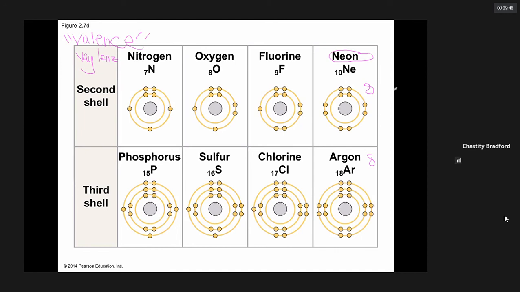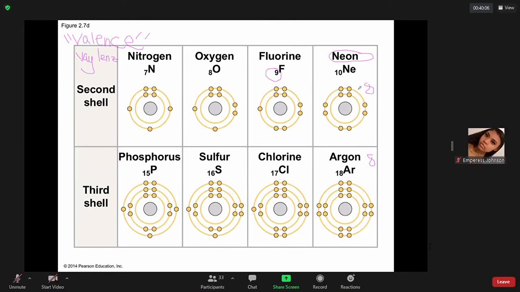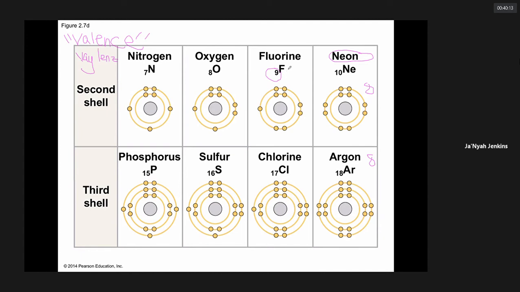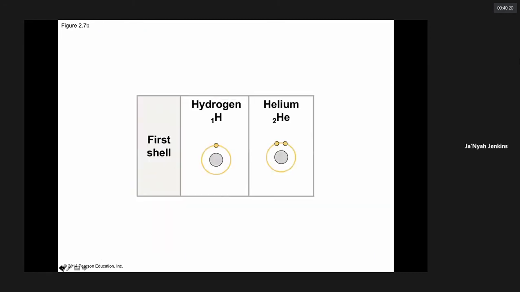Let's see. Janiyah Jenkins. What does this 9 represent? I said the atomic number. What does the atomic number tell us? The amount of protons and electrons.